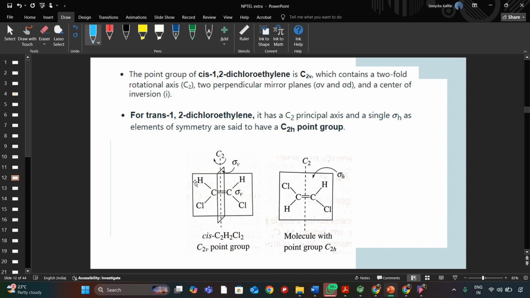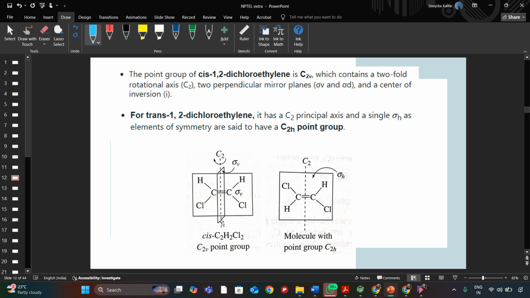So, this is cis 1,2-dichloroethylene, which will have a C2 axis of symmetry passing through the C=C double bond, which will be on the plane of the screen, parallel to the plane of the screen.